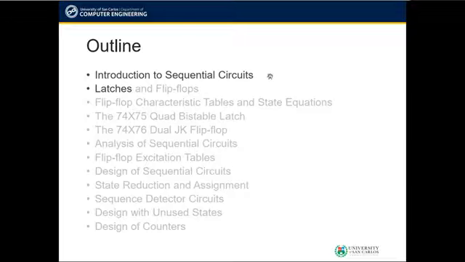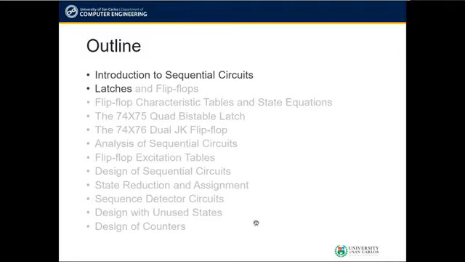Unit 4 covers the following topics: introduction to sequential circuits, latches and flip-flops, flip-flop characteristic tables and state equations, the 7475 quad bistable latch, the 7476 dual JK flip-flop, analysis of sequential circuits, flip-flop excitation tables, design of sequential circuits, state reduction and assignment, sequence detector circuits, design with unused states, and design of counters.